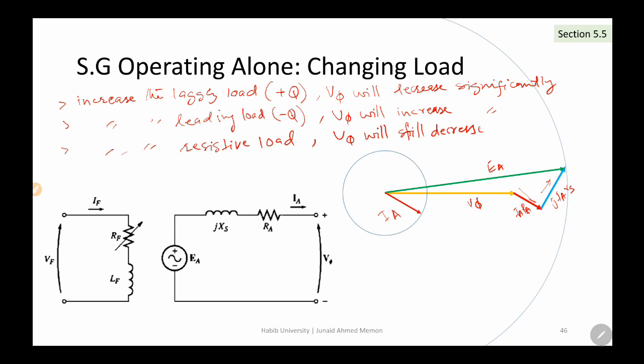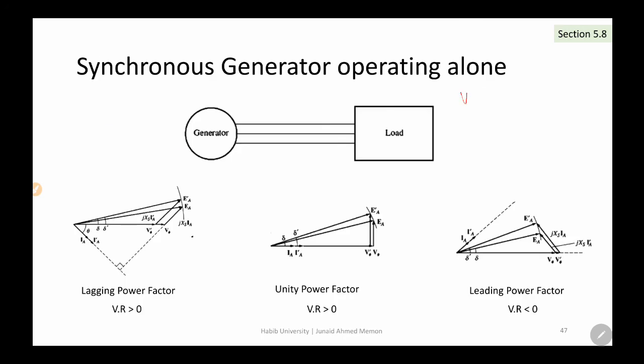We have already studied how we can measure or capture those behaviors. These behaviors are basically captured by the quantity voltage regulation of the machine. We know that the voltage regulation is the voltage at no load minus voltage at full load, divided by voltage at full load, times 100.